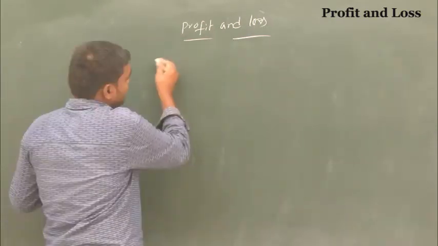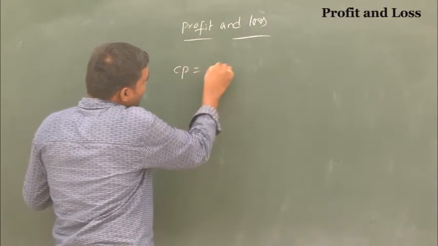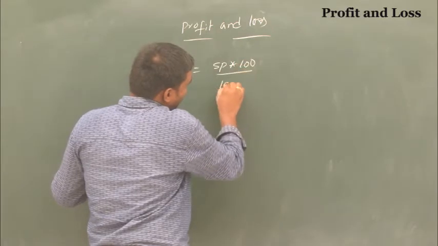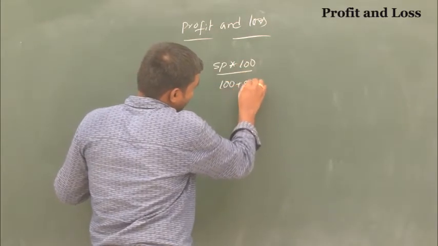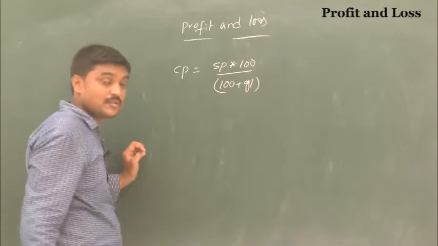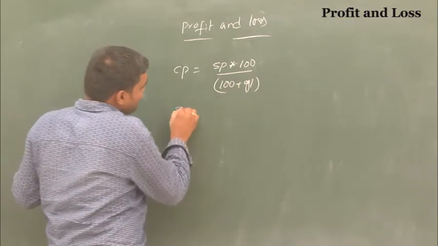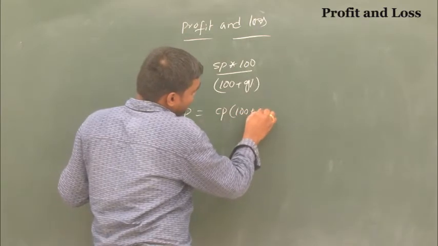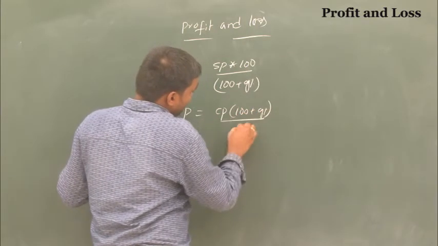Then next, cost price equals SP into 100 by (100 plus gain percent). Otherwise, if you want selling price, it is CP into (100 plus gain percent) by 100.